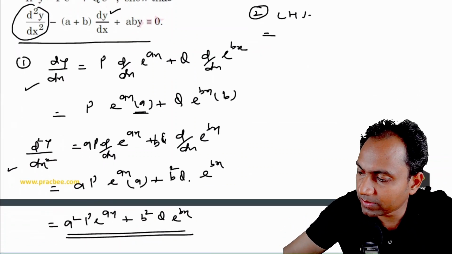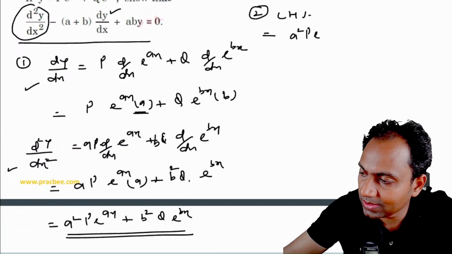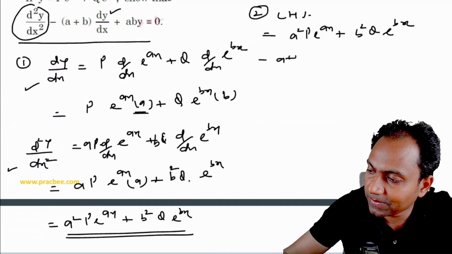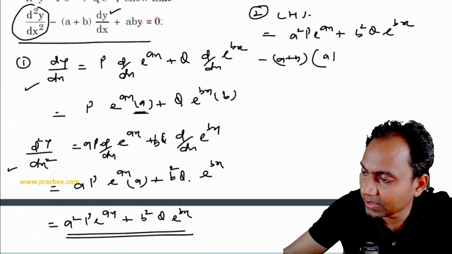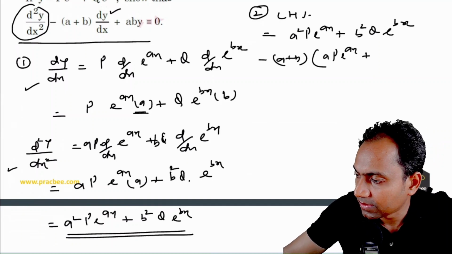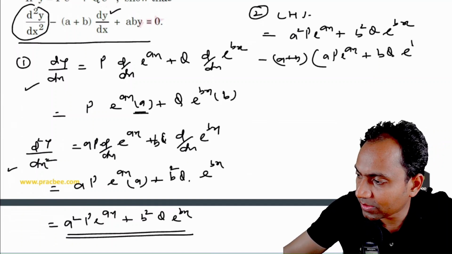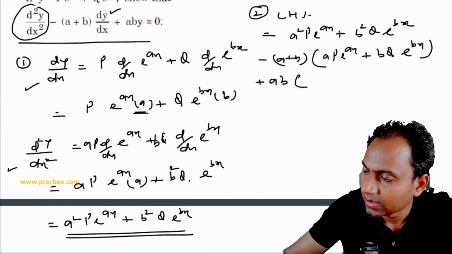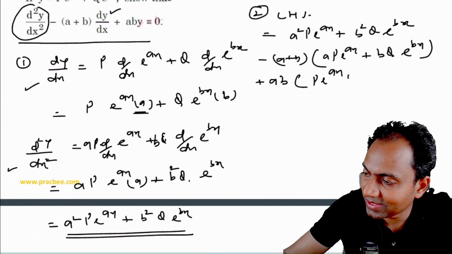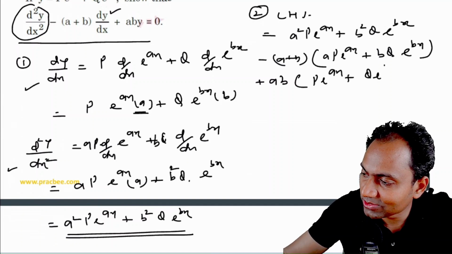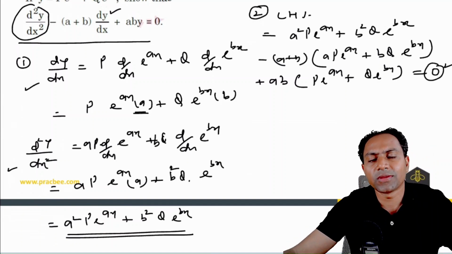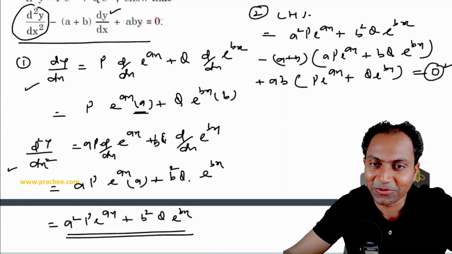So the value of d2y by dx square is nothing but a square p e raised to the power ax plus b square q e raised to the power bx, minus a plus b into ap e raised to the power ax plus bq e raised to the power bx, and then the last part, that is ab into y, that is p e raised to the power ax plus q e raised to the power bx. Now if you simplify, the calculation is not difficult, it will come out to be same. So here we have used direct substitution because there is no way around it.